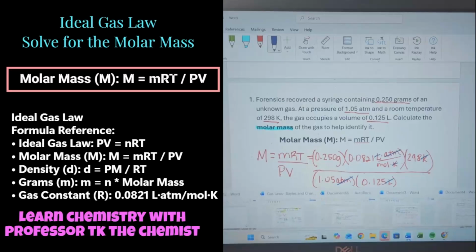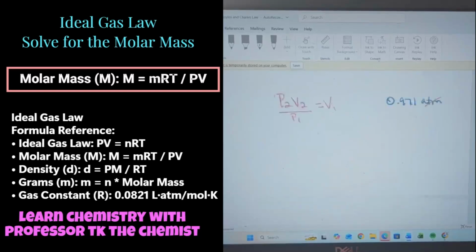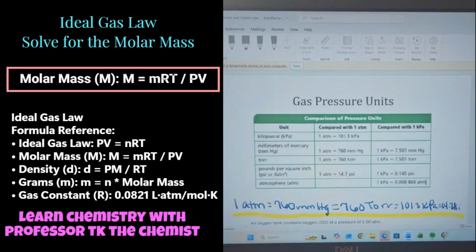Speaking of which, I'm glad you asked that question, I'm going to show you. Well, this is not the one, but the gas pressure units will tell you which one to use. I think that's on my other set of notes, but yes, it's based on your gas pressure unit.